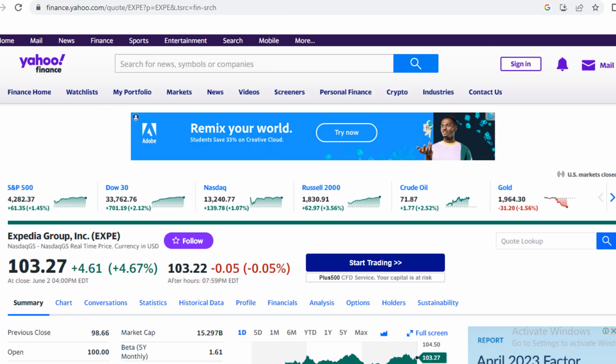Next, I have Yahoo Finance. This is what I use to find any company based on what I'm looking for. Personal finance tab, similar to Investopedia. Screeners tab, if you want to know how that works and what you can do with it, you can search on YouTube as well. So screeners is finding any company based on particular categories.